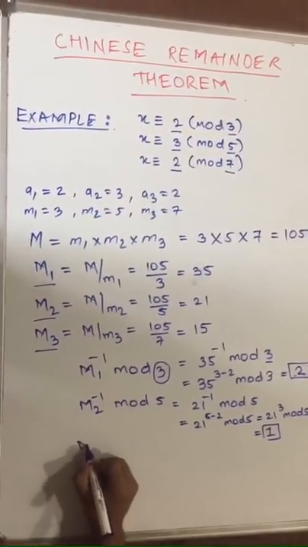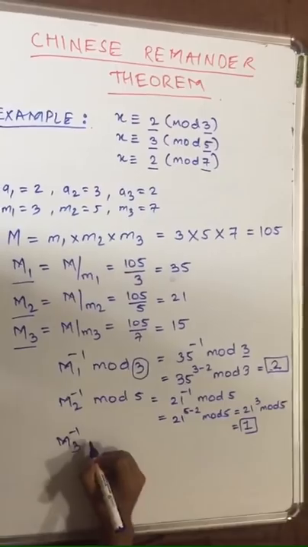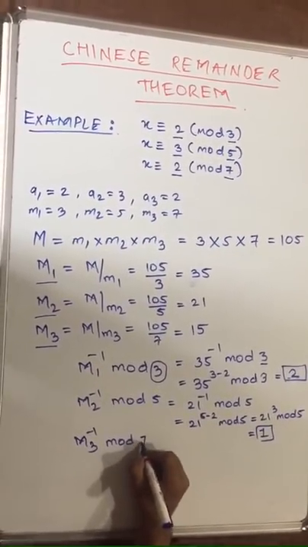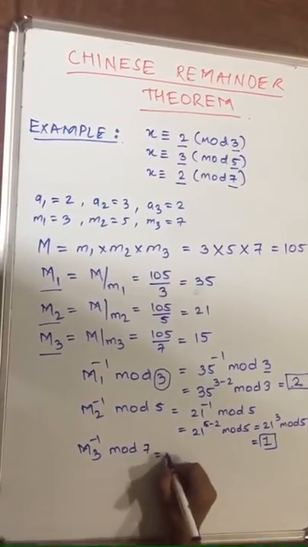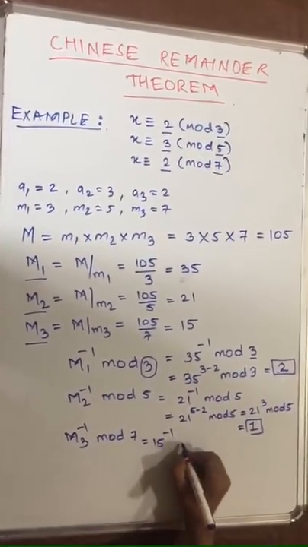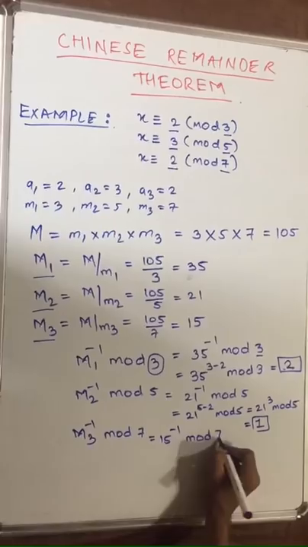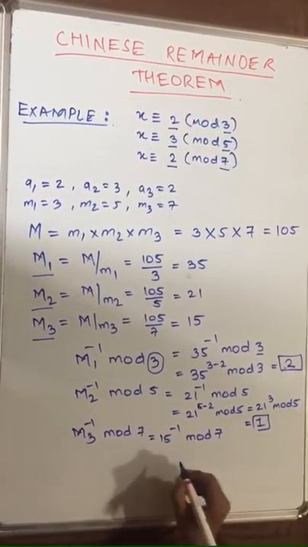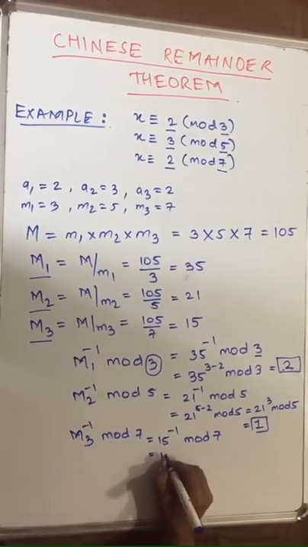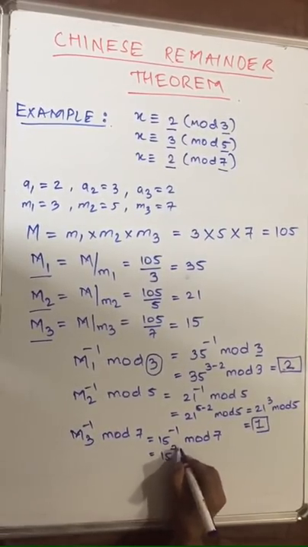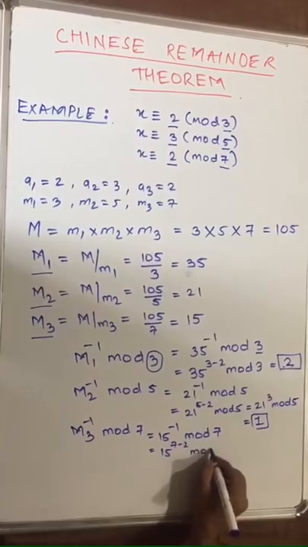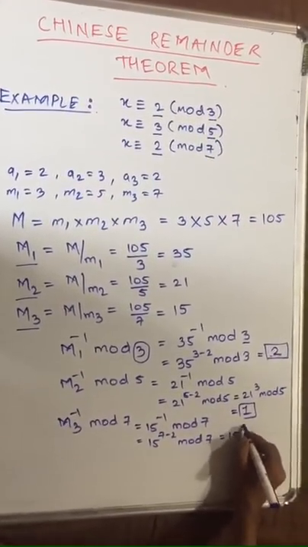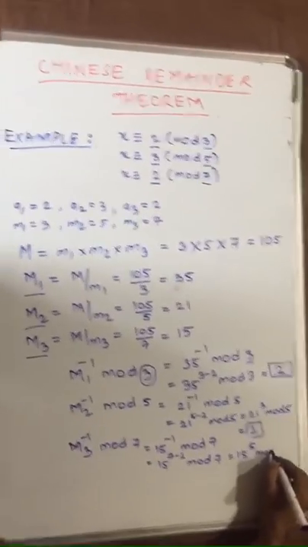Now find capital M3 inverse mod 7, which will be 15 inverse mod 7. This is also a prime number, so we'll apply Fermat here, which will be equal to 15 to the power 7 minus 2 mod 7, which will be equal to 15 raised to 5 mod 7.